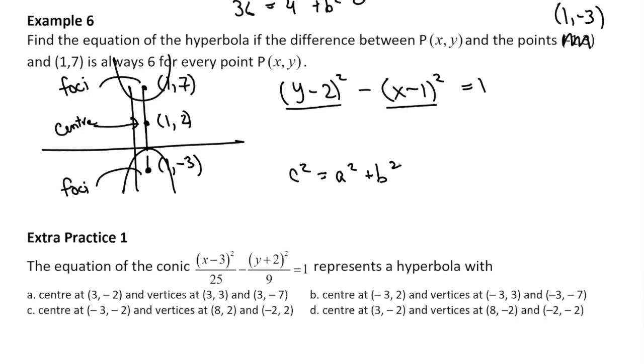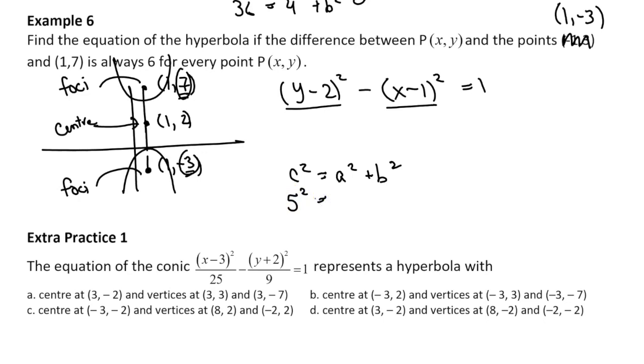So wait a minute, our c value isn't 6. What am I saying? If we have right here a y value of 7 and a y value of −3, then the distance of our foci is a total of 10. And so if you split that in half, that would be 5, which means our c value is going to be 5. So we could say that would be 5 squared.